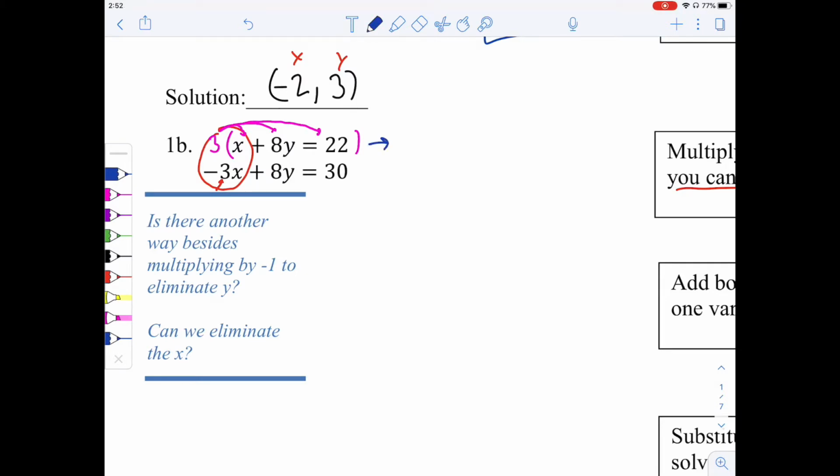So the top equation is now 3 times x, 3x, 3 times 8y, 24y, 3 times 22, 66.